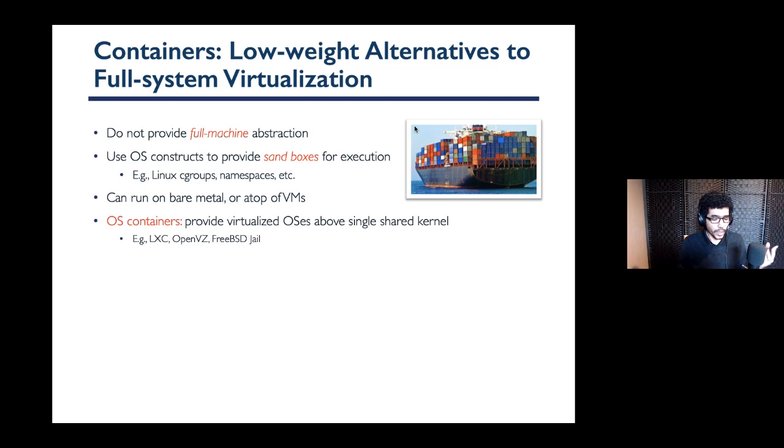Now, there are two types of containers. One is OS containers. These are the containers that provide virtualization of operating systems, which then could run multiple processes inside them. Examples of this are LXC, OpenVZ, and FreeBSD jail.